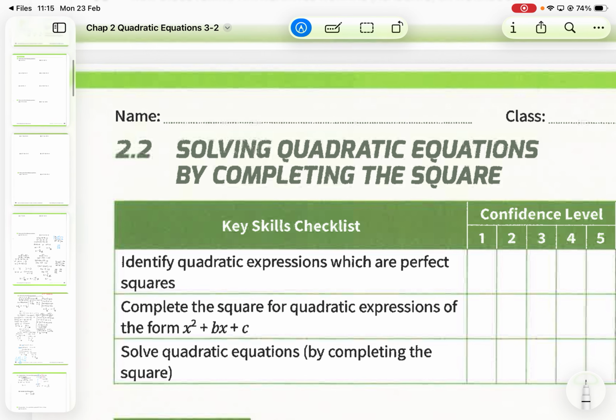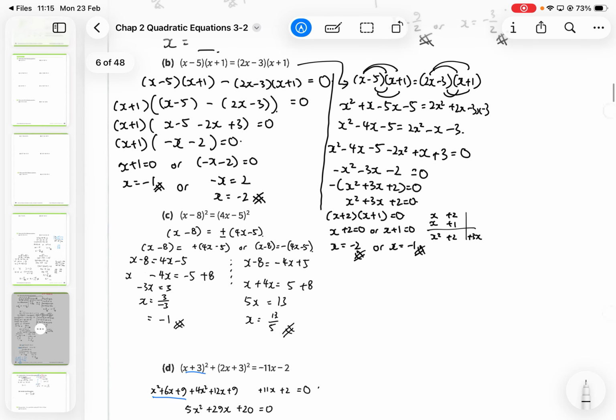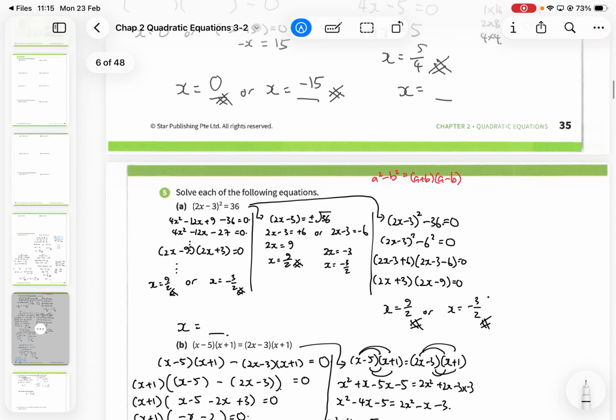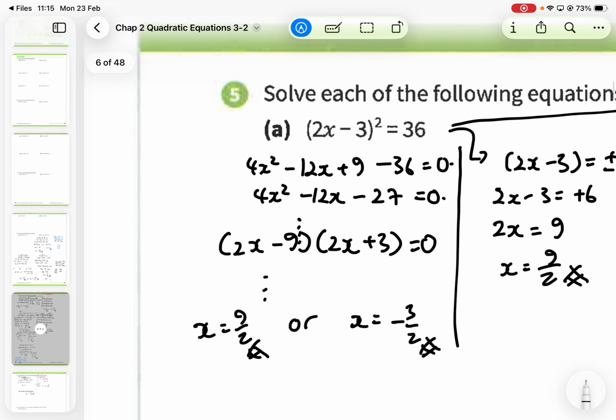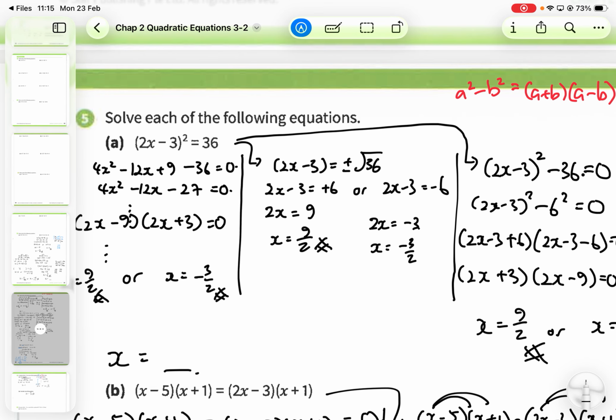Okay, let me go back to 2.1, 5a, page 36 also. 5a, remember this one I told you we can have 3 different kinds of solution. First one, we do normally: expand, bring everything to the left, then we go and factorize. But at the same time, I told you the second method, I can straight away take square root already.